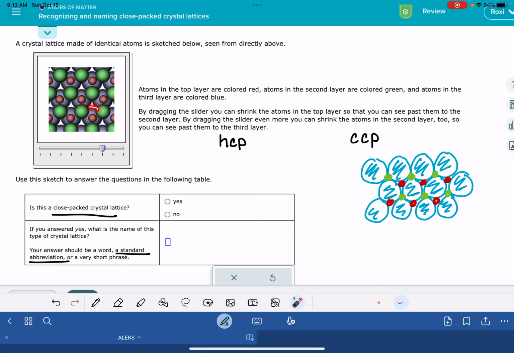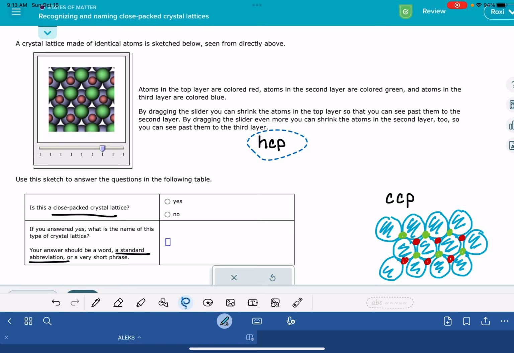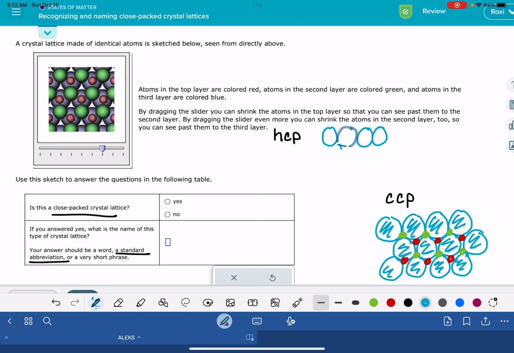I'm just going to slide this out of the way, and I am going to attempt to draw what hexagonal close packing looks like. It is going to start off the same way. You're going to see the blue atoms that are offset from each other, so they're sitting in these gaps right here. And again, this is just close packing, meaning that the atoms are fitting as closely together as they possibly can in this structure.